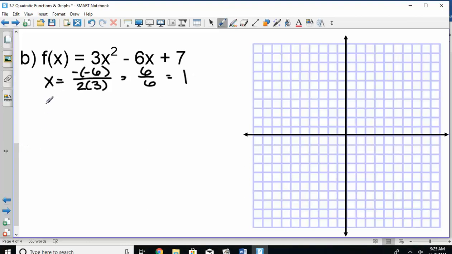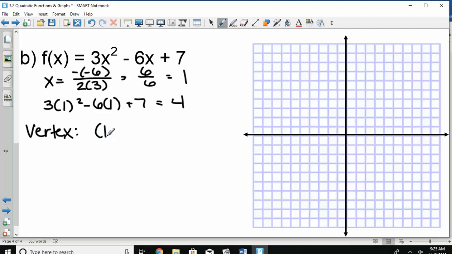Then plug that in. So I get 3 minus 6 plus 7. So 4. So vertex is the ordered pair 1, 4.